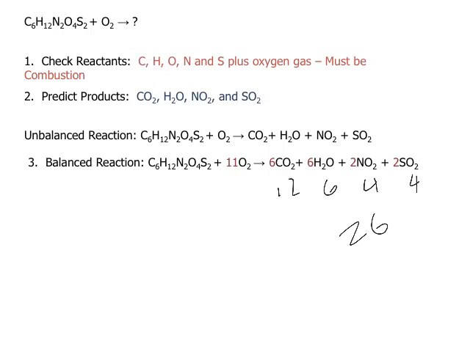A lot of students would say, oh, 26 oxygens, and they would slap a 13 on this O2 to get 26 oxygens, and that would be flat wrong, because they have failed to account for that they have 4 of the oxygens right there. So you only need to get 22 oxygens, so that's why correctly balancing it is 11.